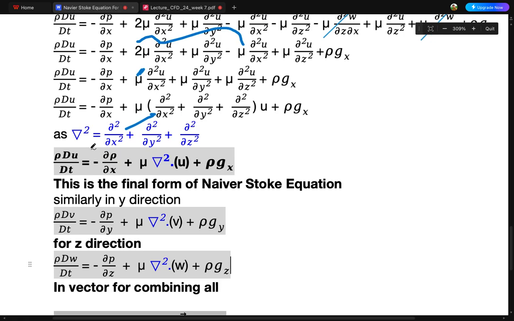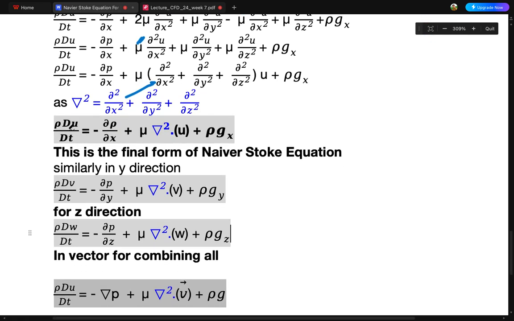We can also write it as rho Du upon Dt, which is equal to minus partial p upon partial x plus mu gradient square u plus rho gx. This is the Navier-Stokes equation along the x direction.